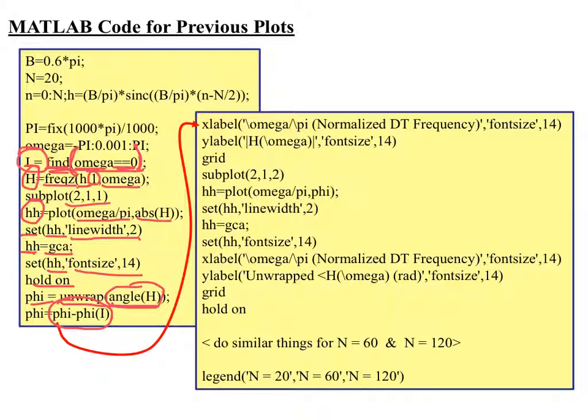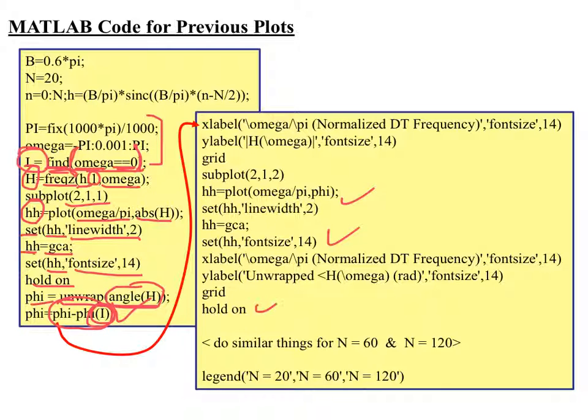So it's that step that I went through all of this rigmarole of fixing the value of pi, creating my omega so that I go through 0, finding where the omega equal to 0 point is. I can use it right here. And then the rest is just labeling and setting line widths and fonts and so forth.